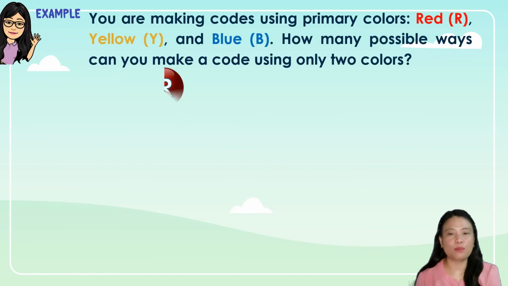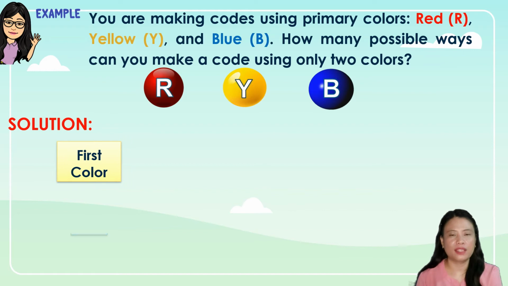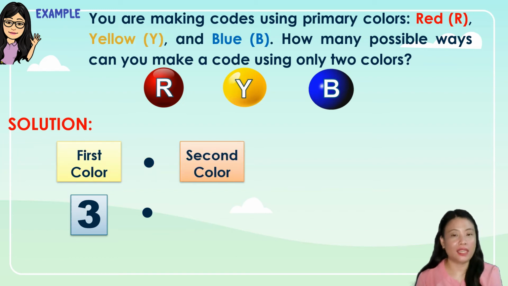Let us solve this problem. You are making codes using primary colors, red R, yellow Y, and blue B. How many possible ways can you make a code using only 2 colors? Solution: the first color can be filled in 3 ways: red, yellow, or blue.